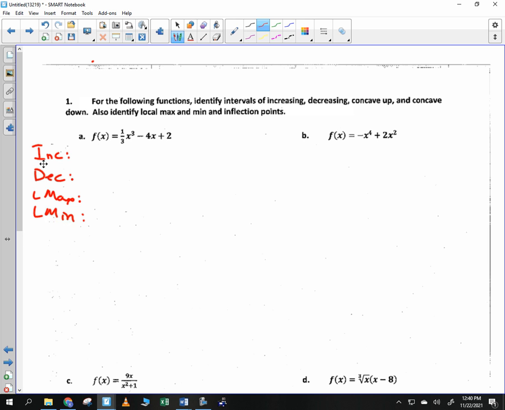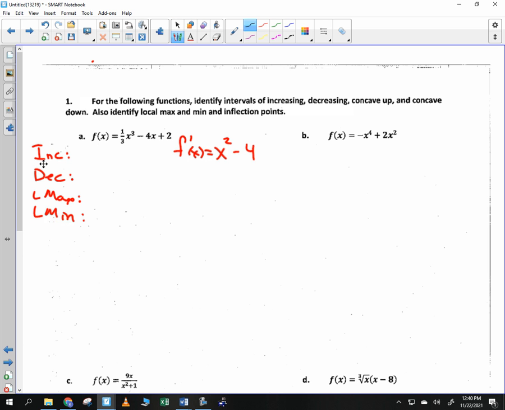So let's start here. What's the first derivative? x squared minus 4. Very good. So I'm now going to look at the graph of the first derivative.